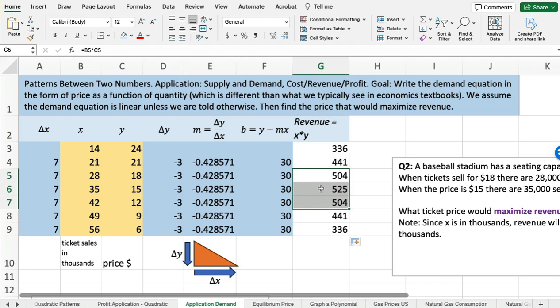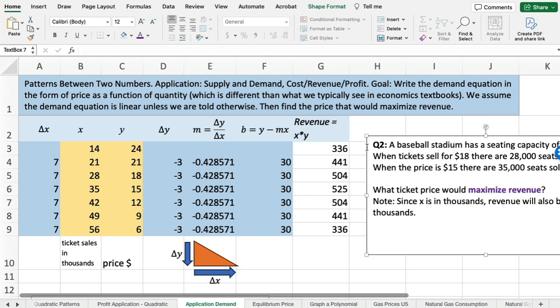That tells me that whenever there are two outcomes that are exactly the same, the maximum or the minimum has to occur right smack dab in the middle of those two things. So this one right here, when we sell 35,000 seats at $15 a pop, we're making $525,000.